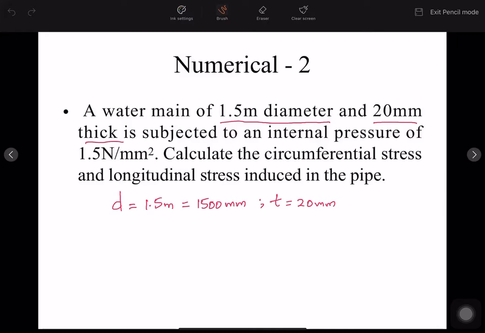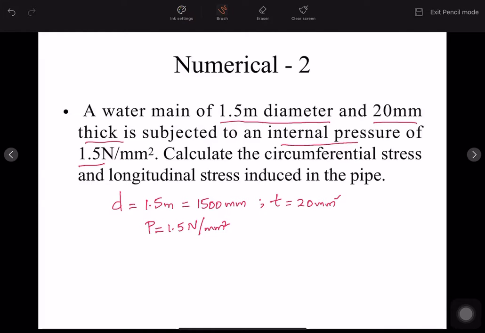Is subjected to an internal pressure of 1.5 Newton per mm square. Okay.